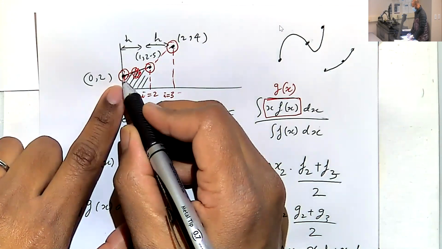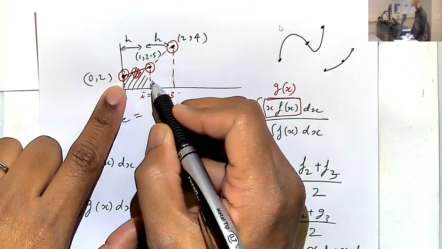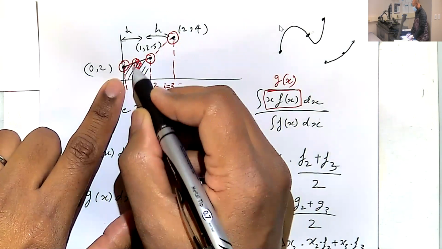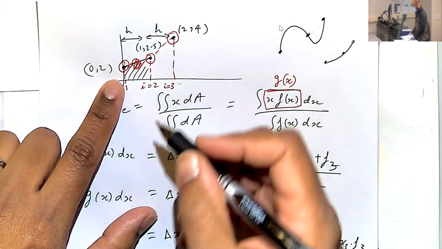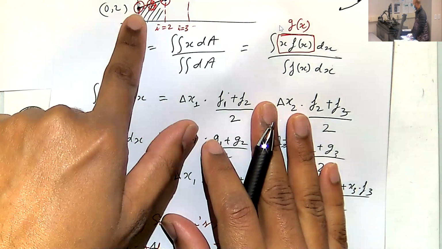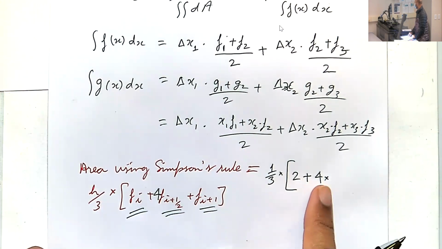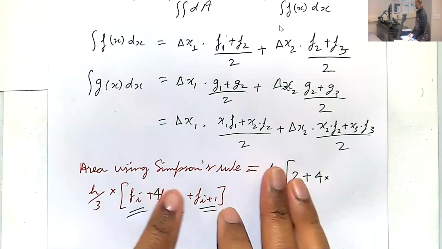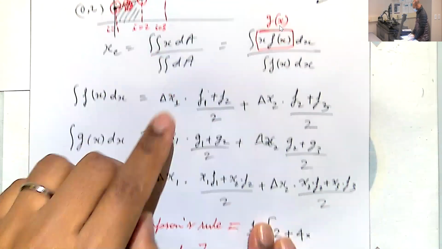So these are the 3 points we decided on: the first guy, last guy, and the middle. There's no way for us to do anything in between, so we have no other choice. So first guy is f_i, that's what you told me to write, the first number, plus 4 times the second guy, the middle one. What is that? That's 2.5.